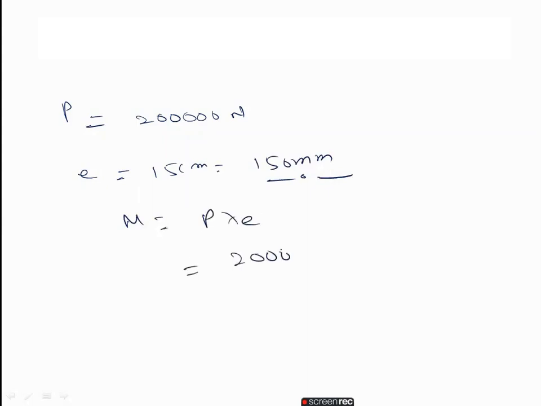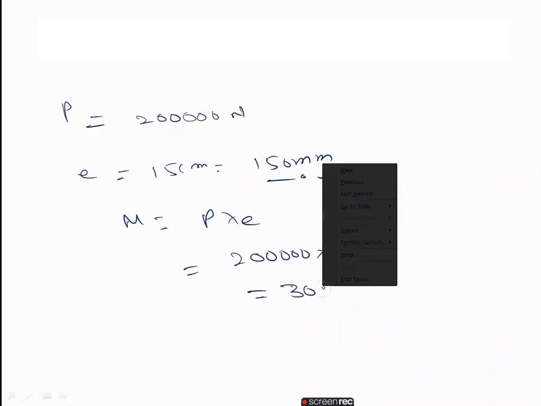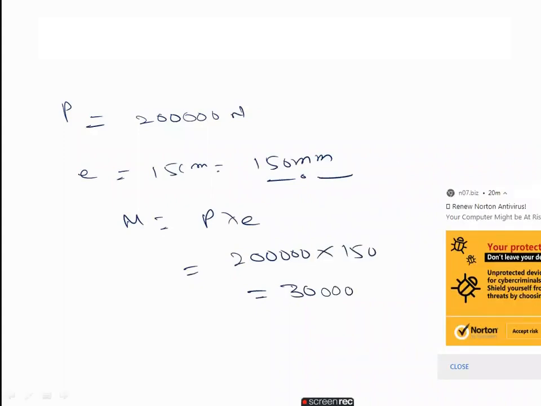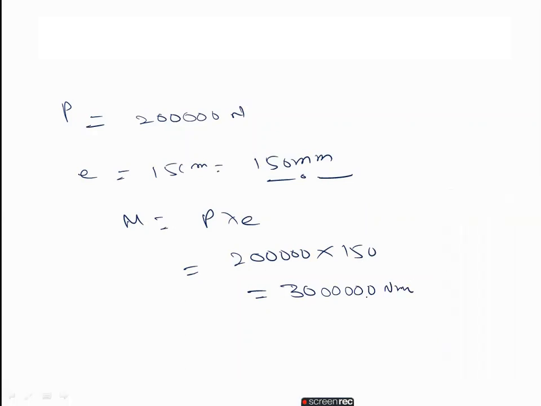So P is 200,000 into e is 150, you will get the moment value in newton mm. Now the bending stress calculation.